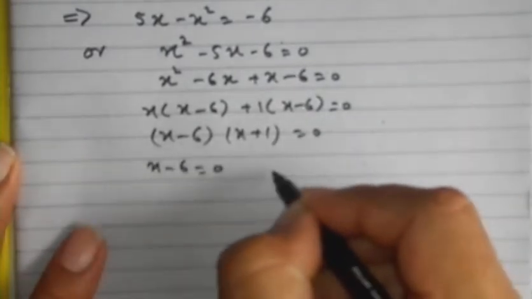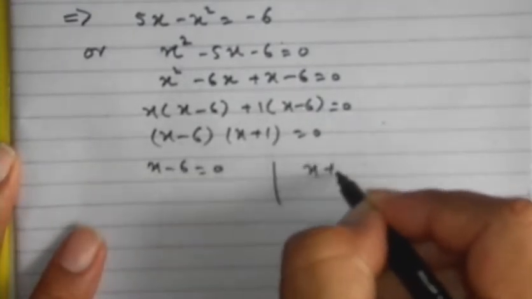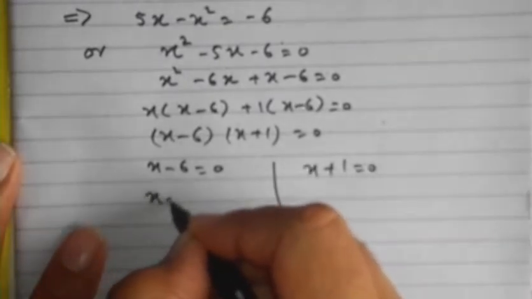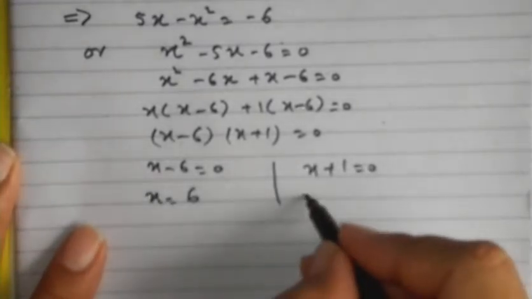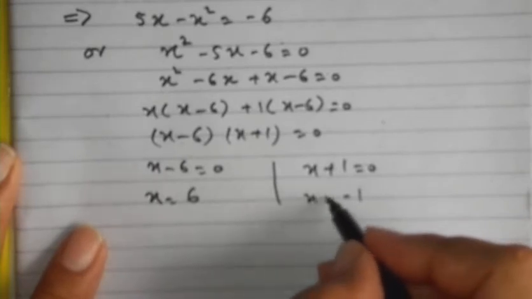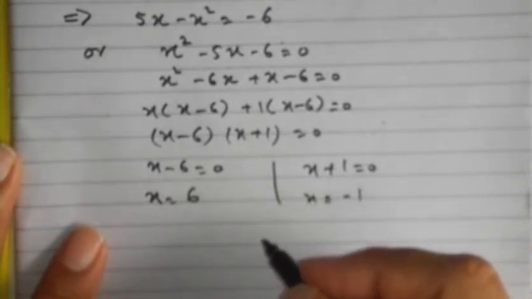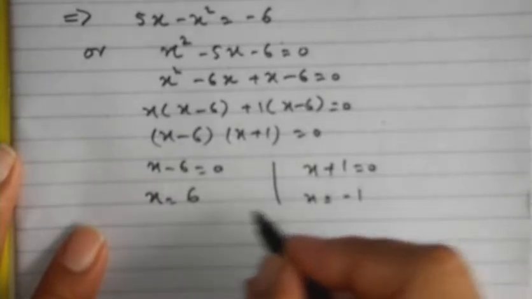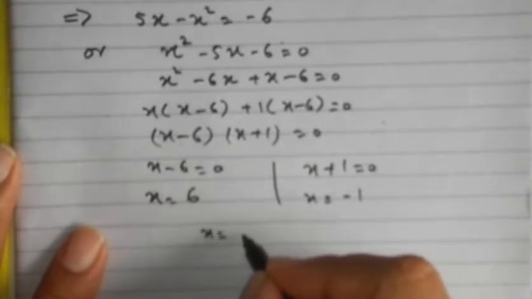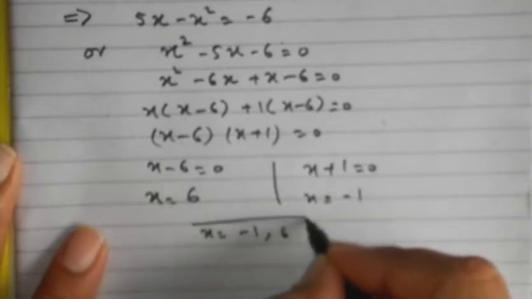X minus 6 equals 0, x plus 1 equals 0. X equals 6, x equals minus 1. So x equals minus 1, 6. This is the answer.